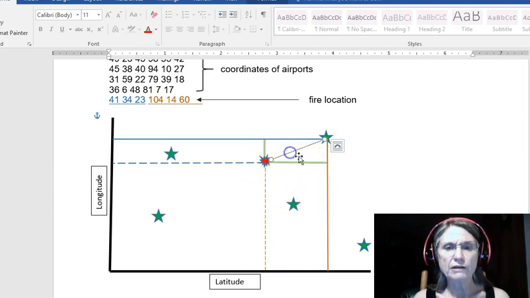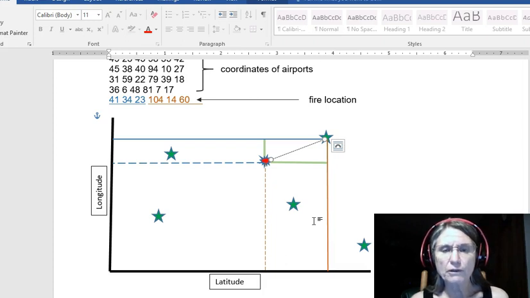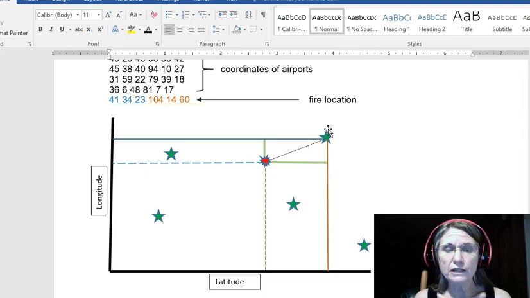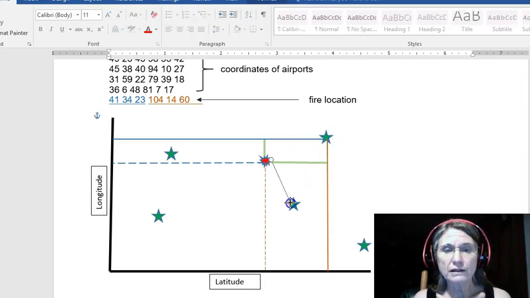We can then calculate this hypotenuse, which will be the distance of that given airport from the fire. We can use that same philosophy for every airport to fire.